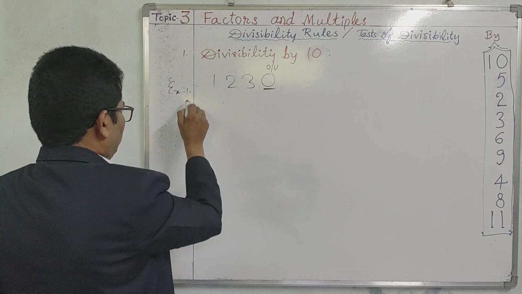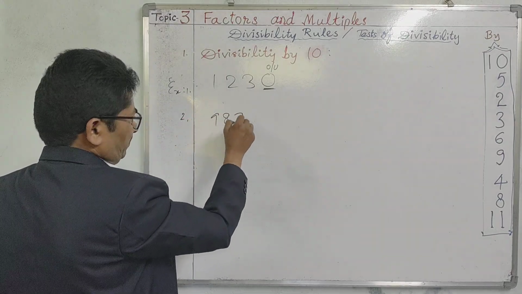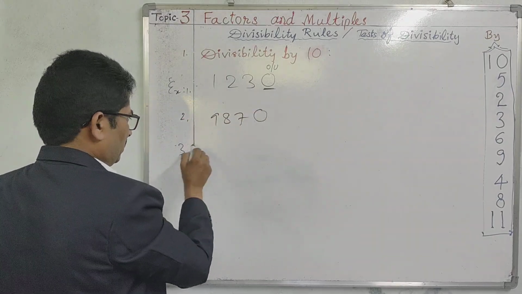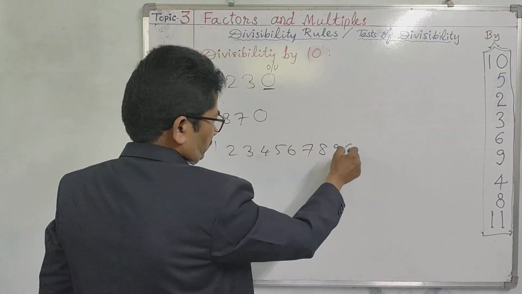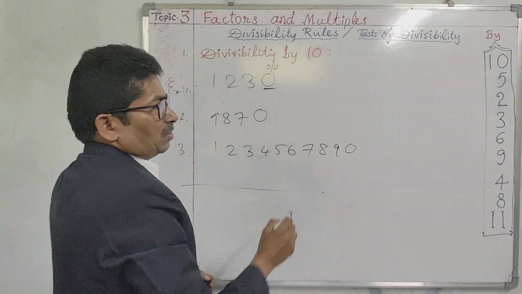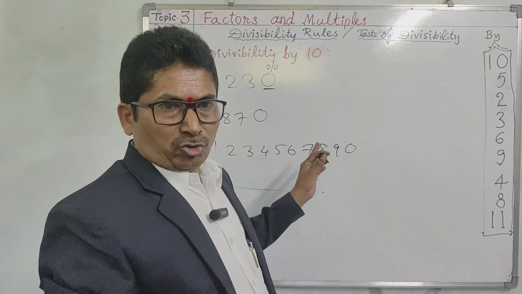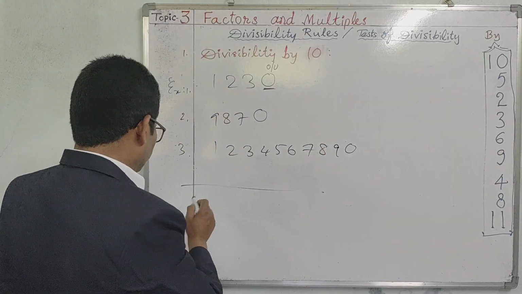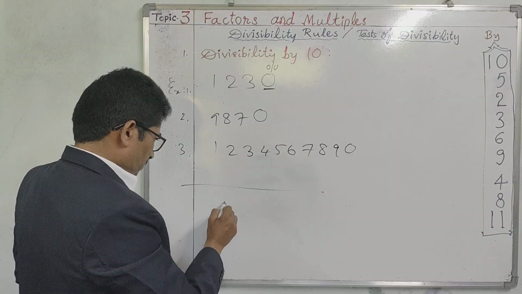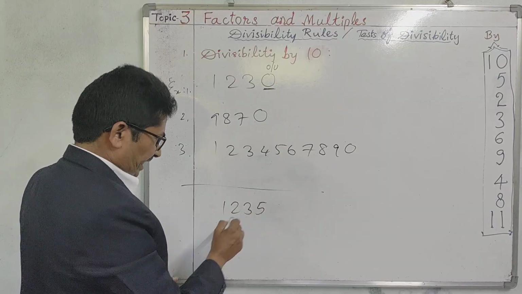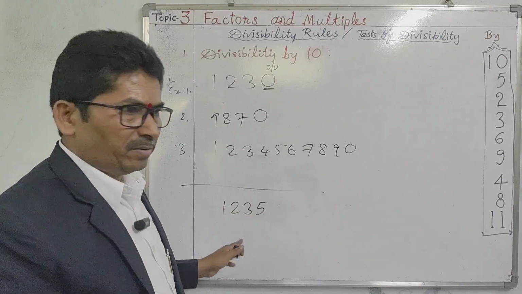One more example: 9870. These are all exactly divisible by 10. Next, 1235. Is this divisible by 10?